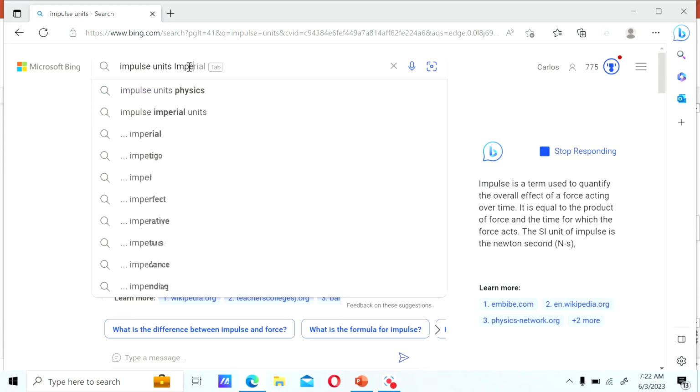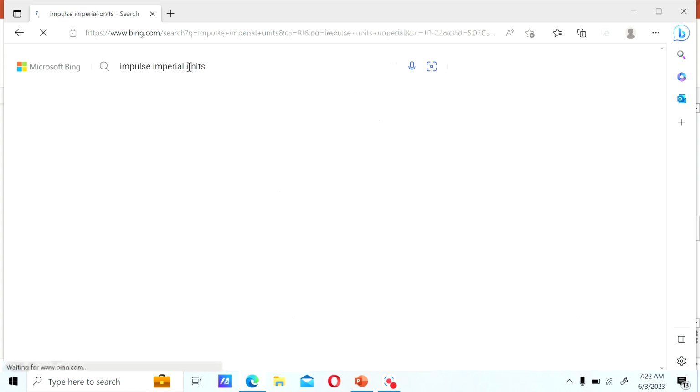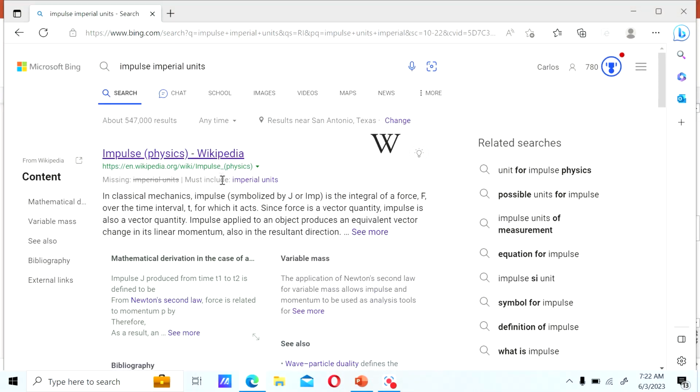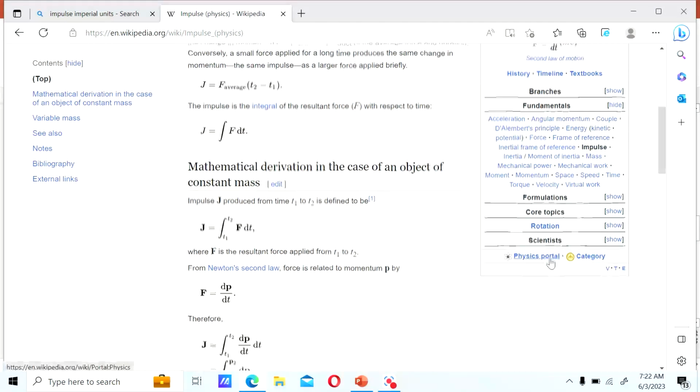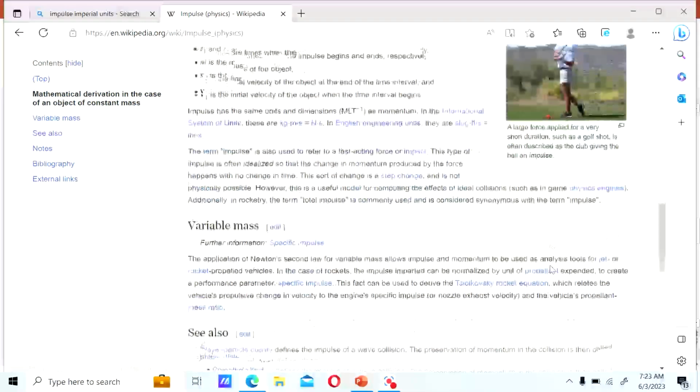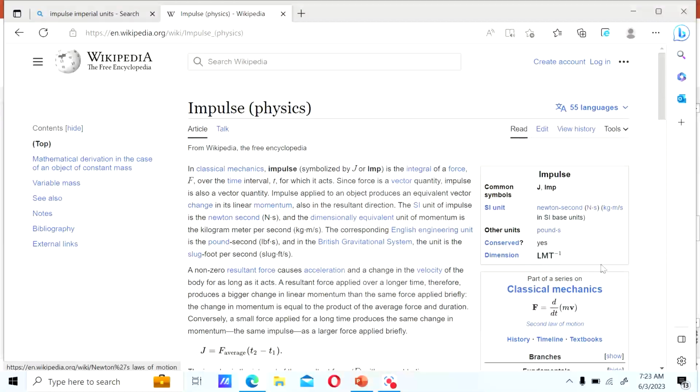And imperial impulse. Okay, so it is length times mass divided by time.